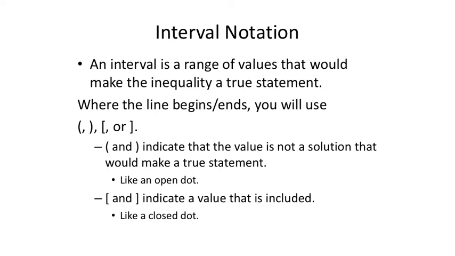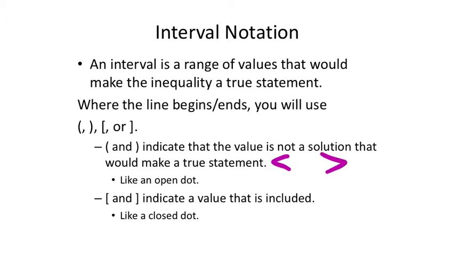The only thing that we have to understand with interval notation is we're going to use regular parentheses to indicate that values are not true in the original inequality, which means that the parentheses would be for less than or greater than symbols, okay?